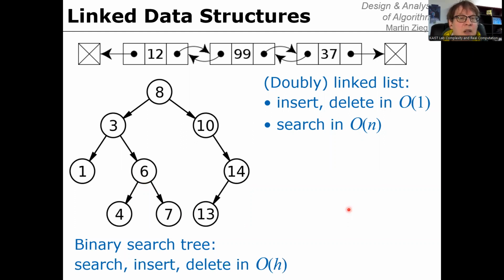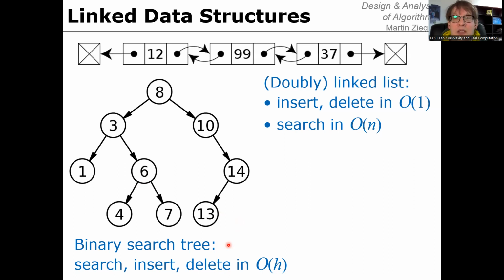These kinds of search trees allow for searching, insertion, and deletion in time which is now proportional to the height. So now we have an important second parameter, namely the height of such a data structure, not just the number of elements in the data structure, but also the shape of the data structure. So now we have two parameters to consider, and we want, of course, to be optimal.